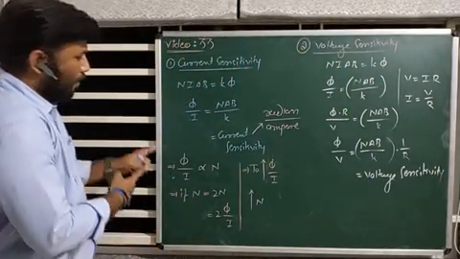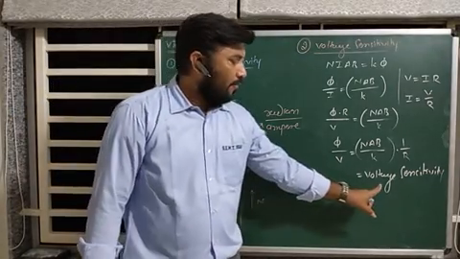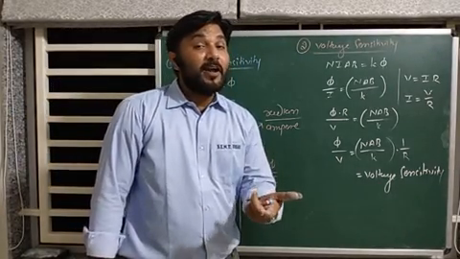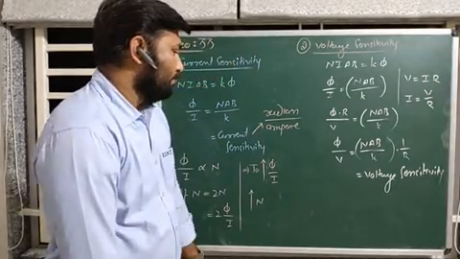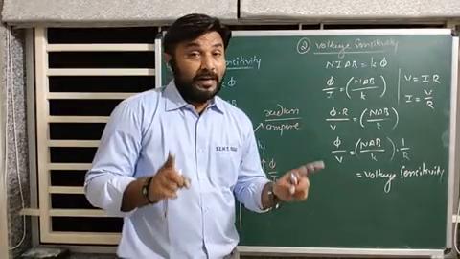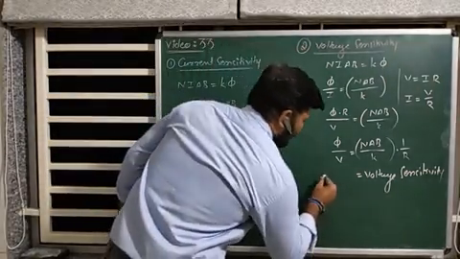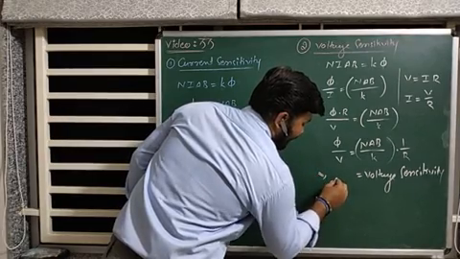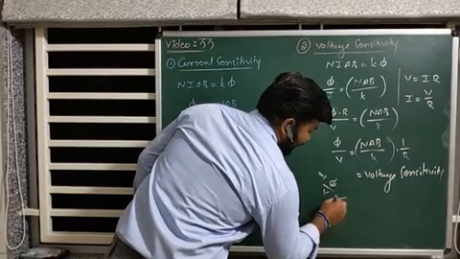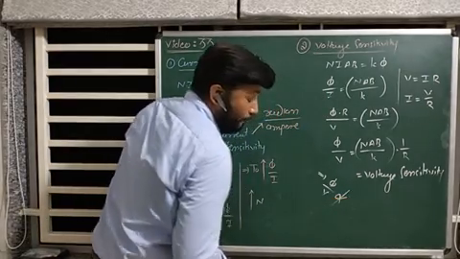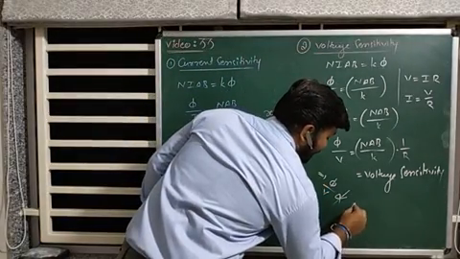So this is about current sensitivity, it has a unit. From that, for voltage sensitivity, what is the unit and dimension formula? Think of that and find out. One more thing you have to find out. This voltage sensitivity, that is phi by V, is not proportional to the number of turns, means voltage sensitivity does not depend upon the number of turns.